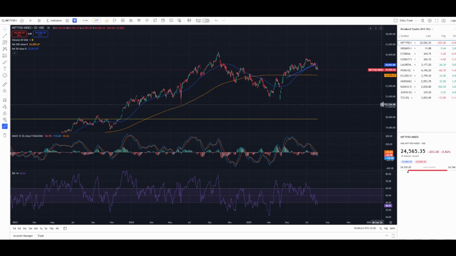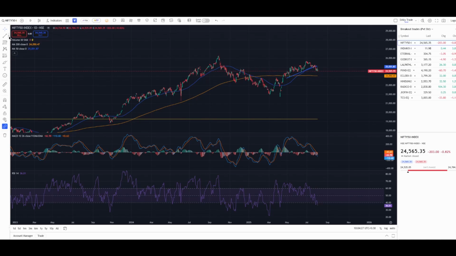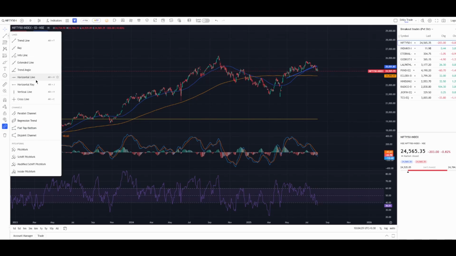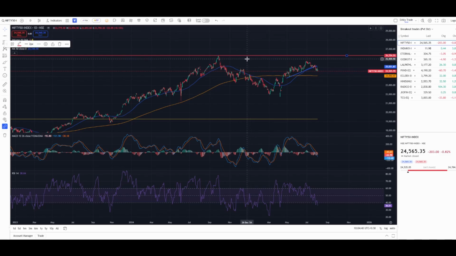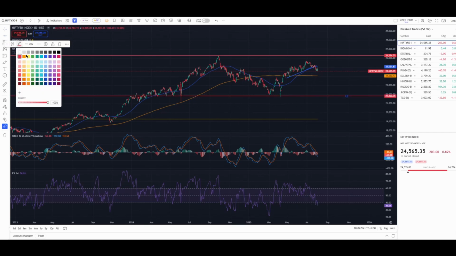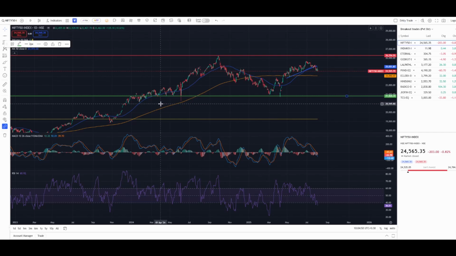So right now, let's try to draw the resistance and the support line first. Again, if you guys are watching this video for the first time, a resistance and a support line is where the market was not able to breach, in terms of if the market was going up, and this is the support line where the stock price has taken support and it didn't cross this mark.